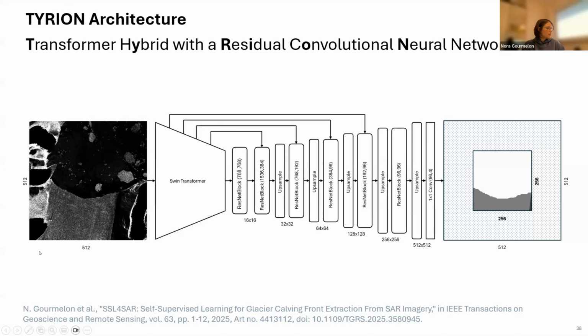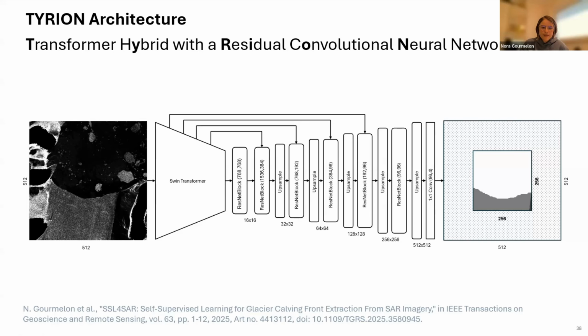So we wouldn't know what is here, and we cannot be as sure of the output for this part of the patch. All right, and one more piece of information about this architecture: the Swin Transformer encoder uses ImageNet pre-trained weights, as the HookFormer did before.